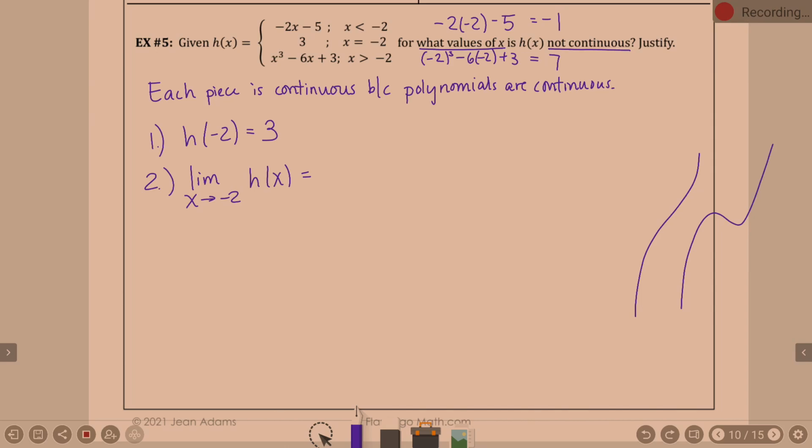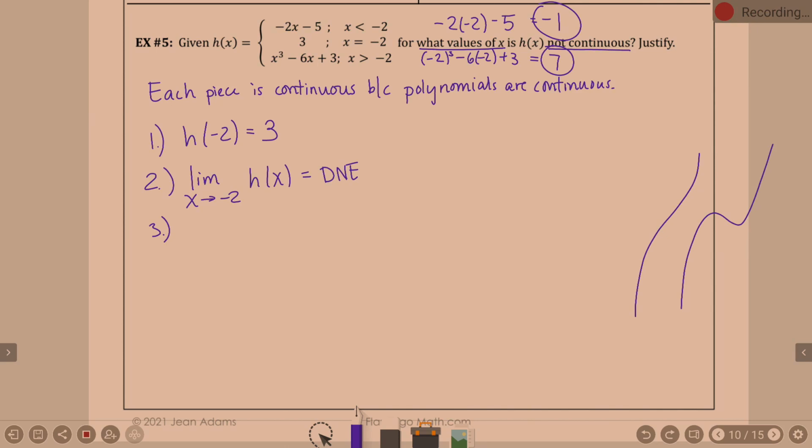Does not exist, because the left and the right don't equal each other. So if you go back to that front page of these notes, f of c is defined. We gave h of negative 2 equals 3. The limit must exist. Well, right there is a problem. The limit does not exist.